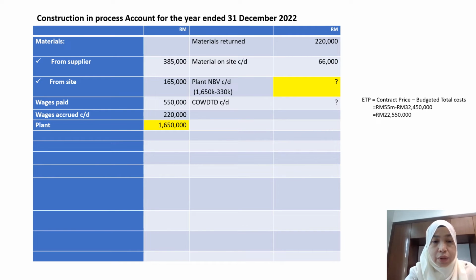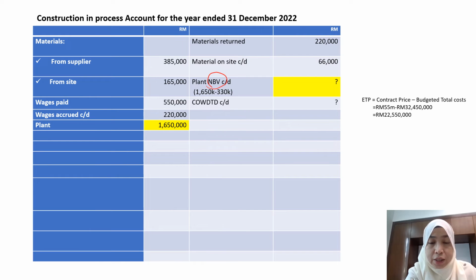You also debit construction in process with your wages paid, 550,000, and then wages accrued, and plant at cost. Plant at cost, you debit construction in process, but the net book value you credit. So how to record your net book value? Cost minus depreciation expense.